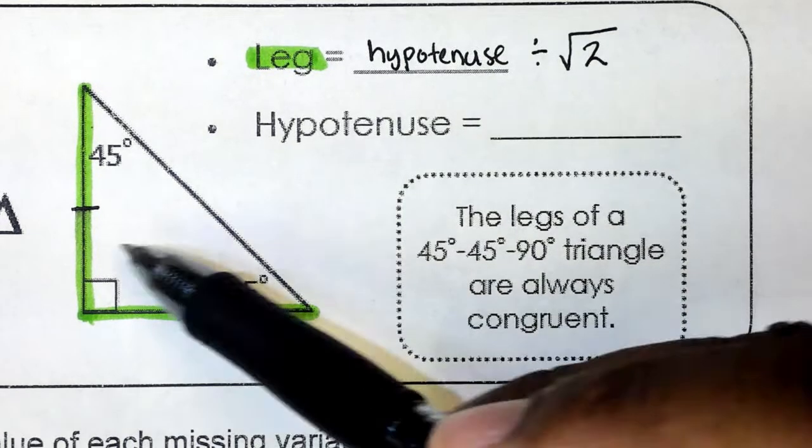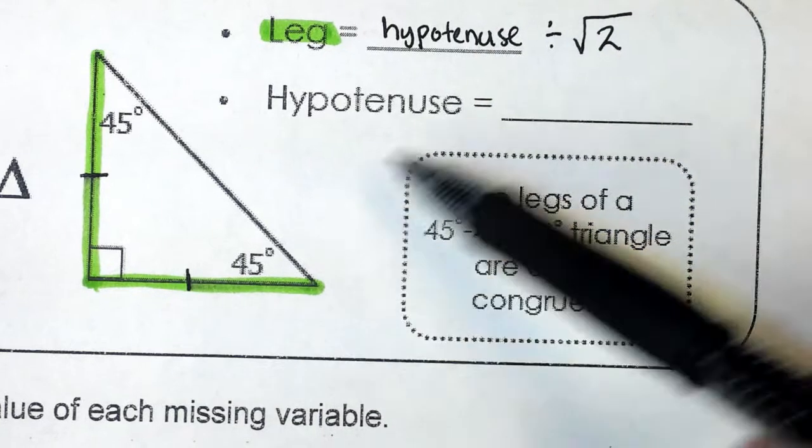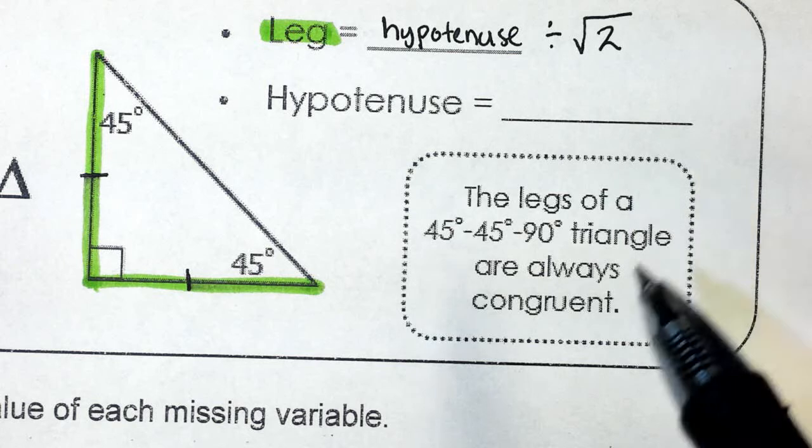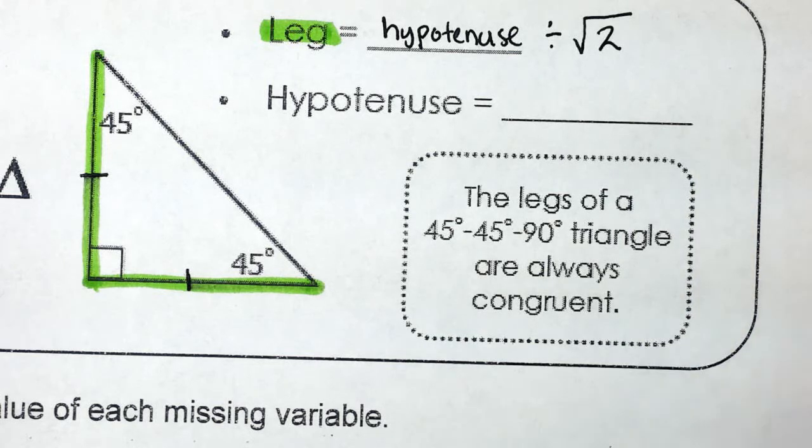If I'm looking for one of my legs and they give me the hypotenuse, I'll take my hypotenuse, divide that by square root of 2, and that will tell me what my leg equals. And vice versa.